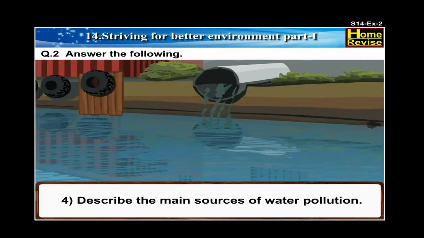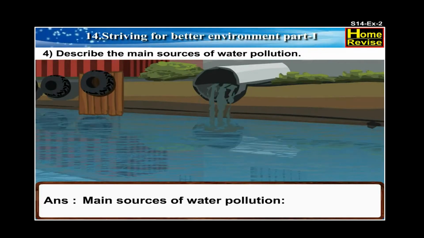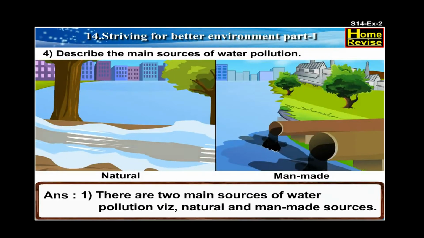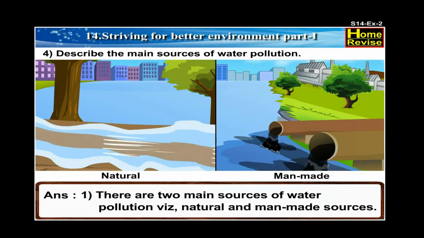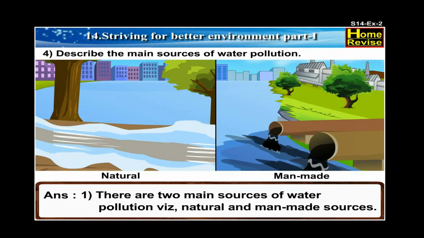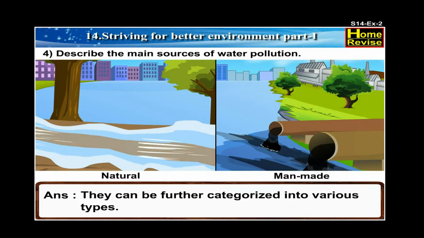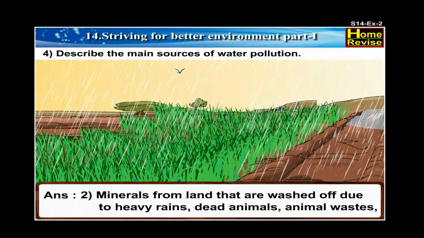Four, describe the main sources of water pollution. The answer is main sources of water pollution. 1. There are two main sources of water pollution, viz. natural and man-made sources. They can be further categorized into various types. 2.